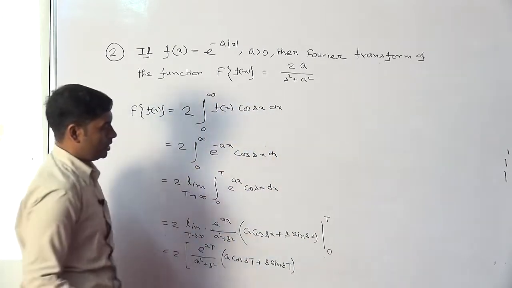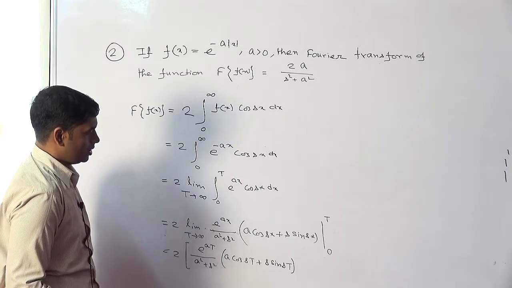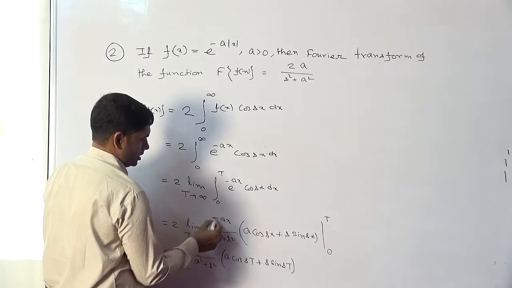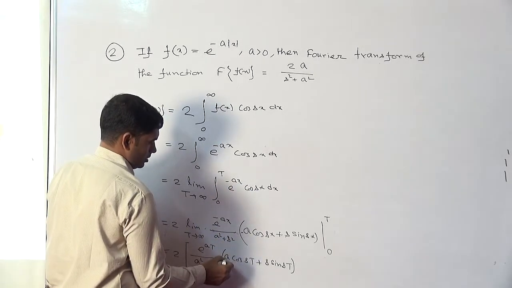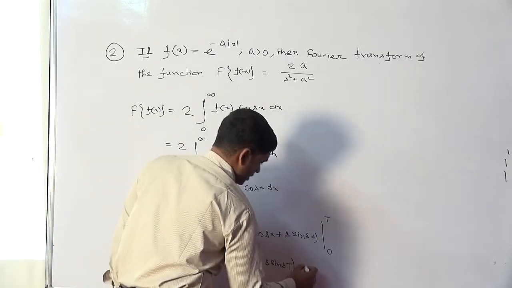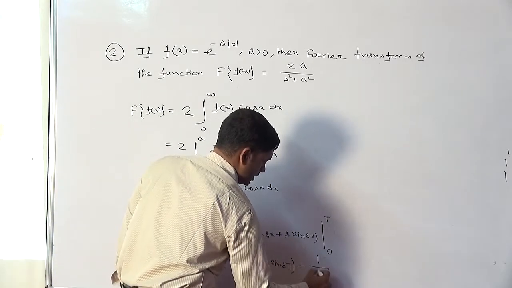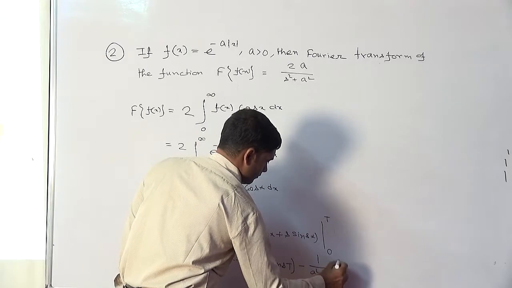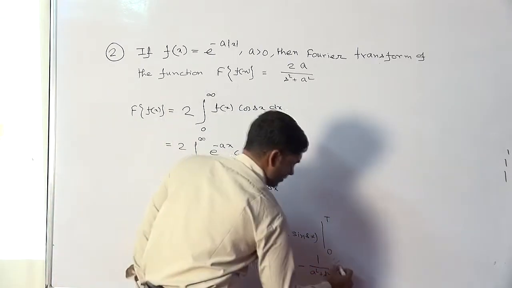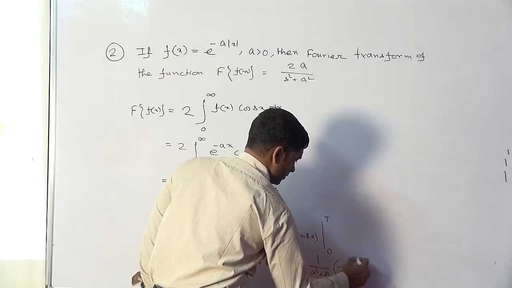Now for x equal to 0, there is a minus sign, so it will be minus 1 over a squared plus s squared, and this is minus a, and the other part is 0.